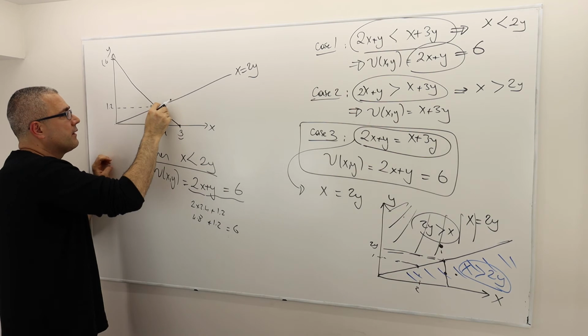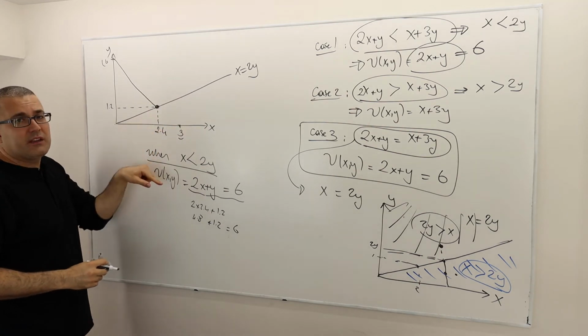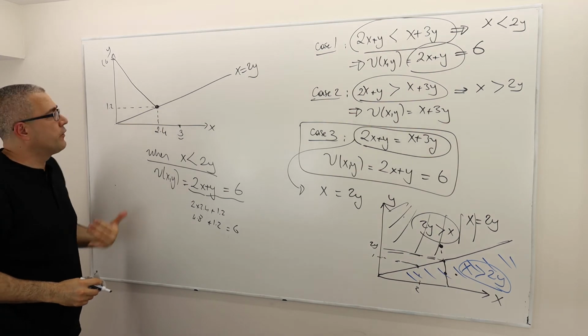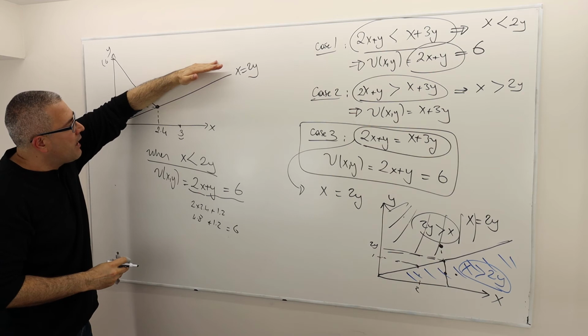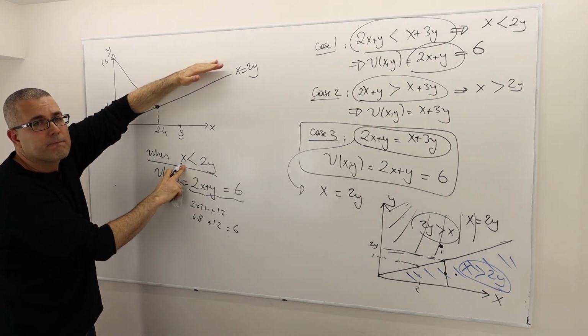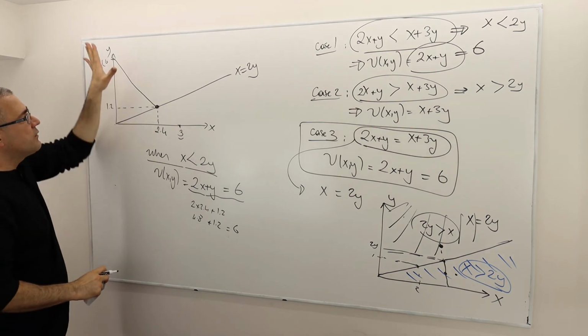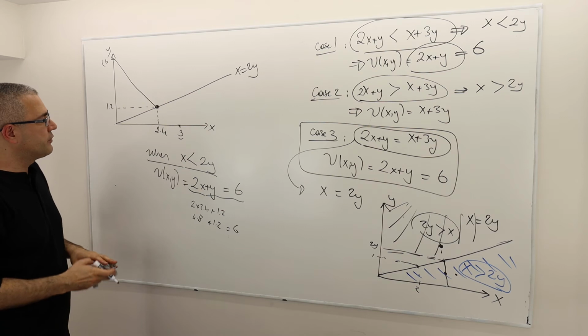So this part of the straight line is not part of my indifference curve, because in this region below x equals 2y, the points do not satisfy x less than 2y. All right? So this is one part of the indifference curve.